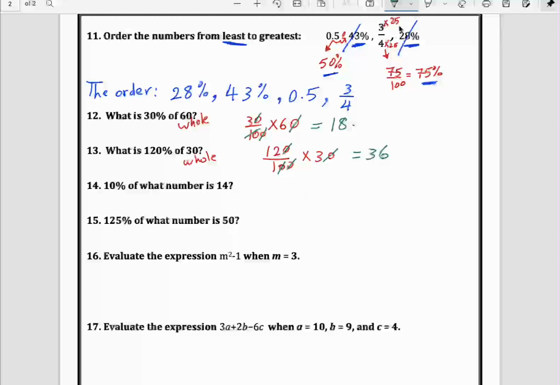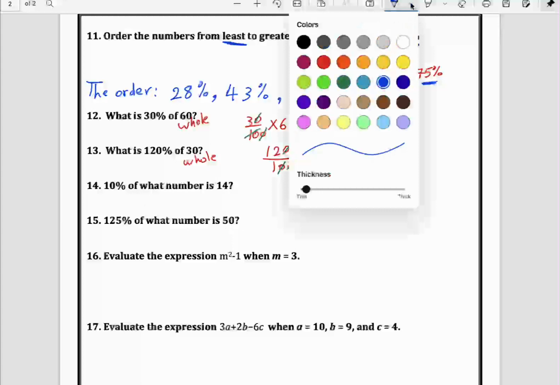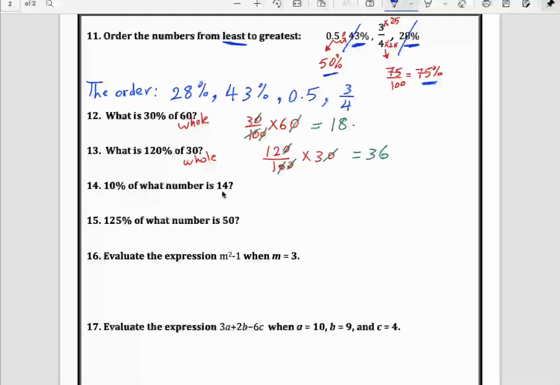Question 14. 10% of what number is 14? And 14 here is not the whole. This number is the whole. And the 14 is the part. So if you have the part and you need to find the whole, you need to divide the part by the percent.